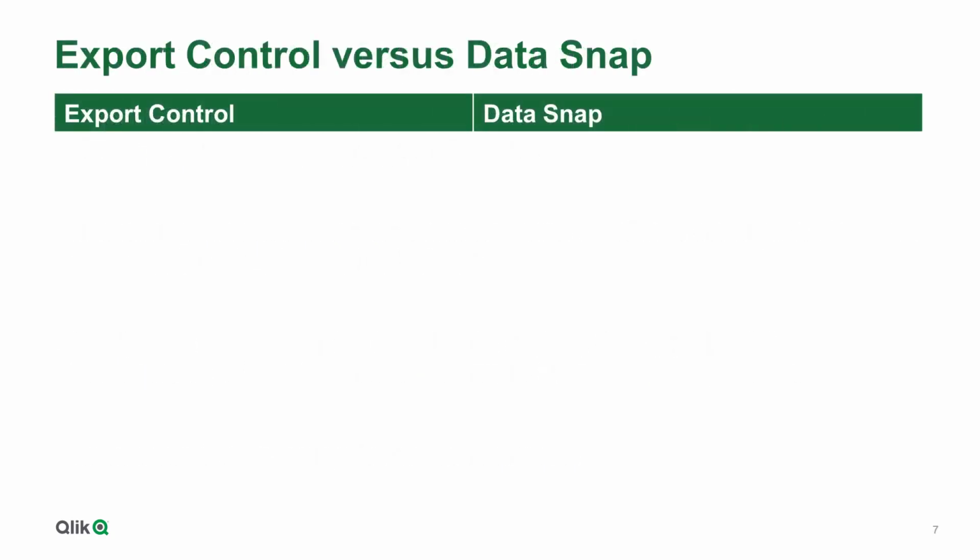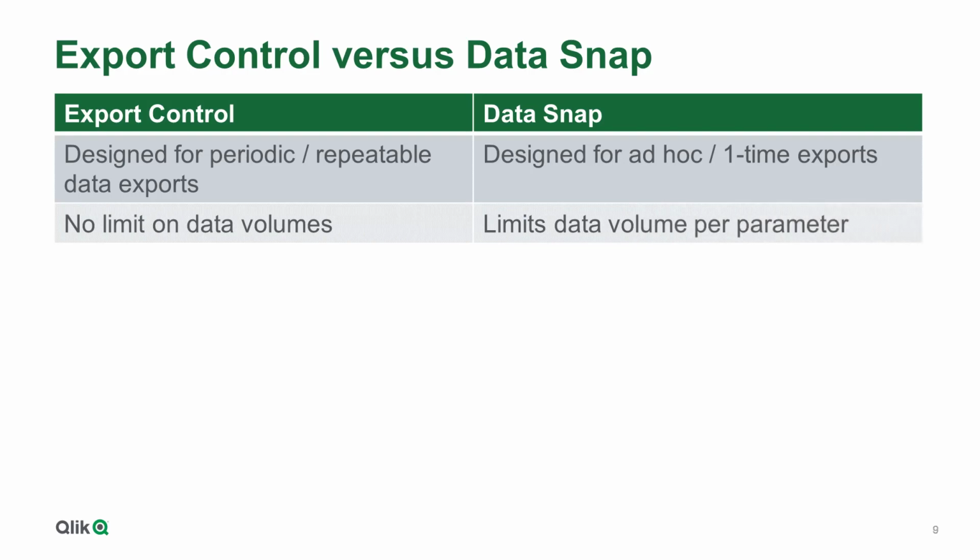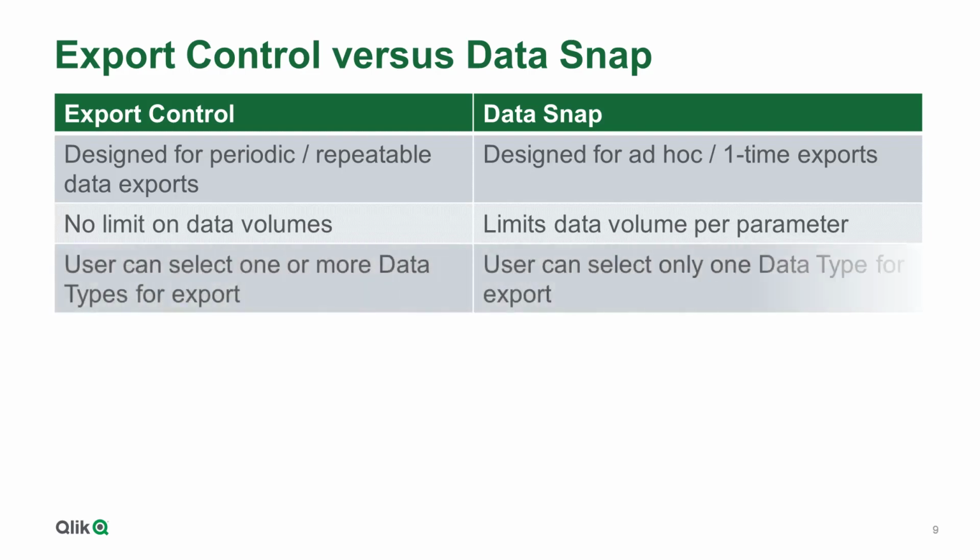Although export control and DataSnap are both used to initiate exports, there are several notable differences between them. Export control is designed for periodic or repeatable data exports, while DataSnap is designed for ad hoc or one-time data exports. Export control has no limit on data volumes, whereas DataSnap has a parameter which limits the amount of data that can be exported.